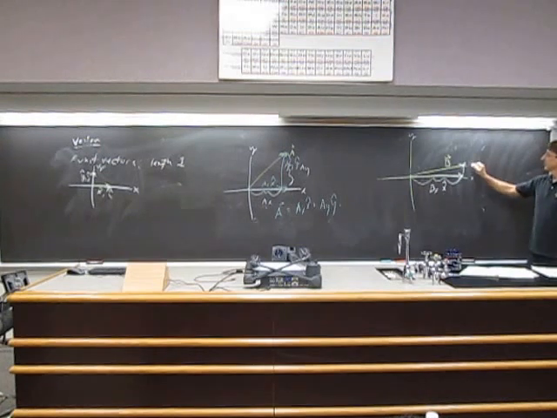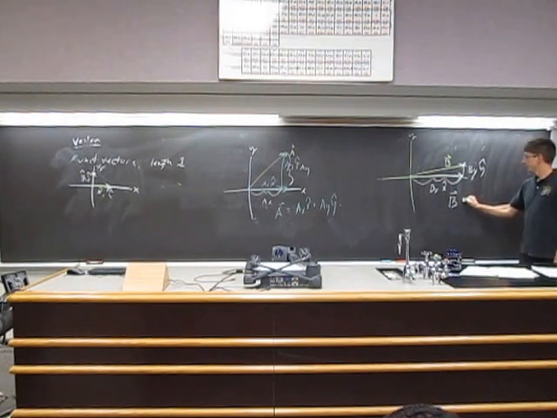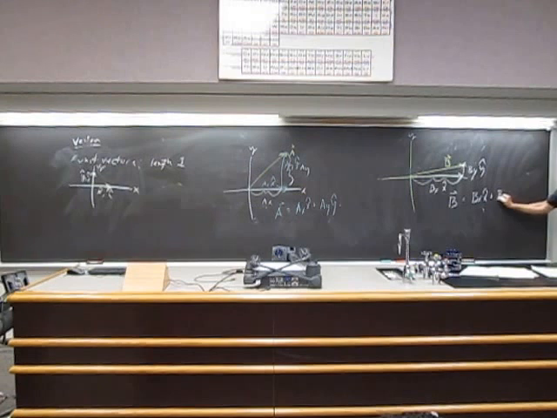And then this little vector going upwards would be the amount in the y direction, b sub y, y hat. So B would be b sub x, x hat plus b sub y, y hat.